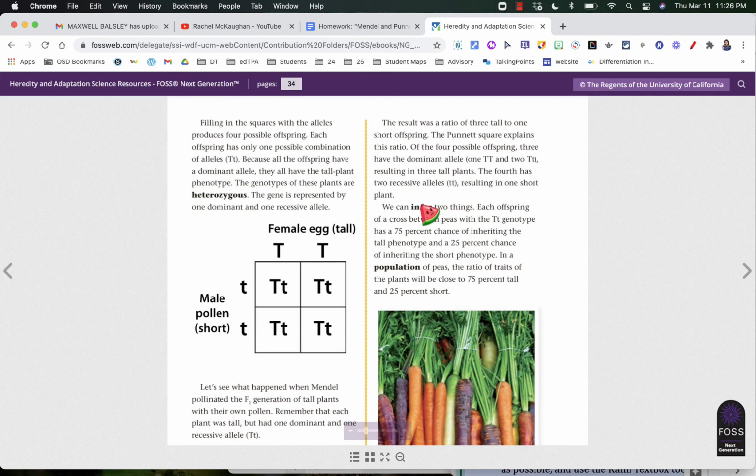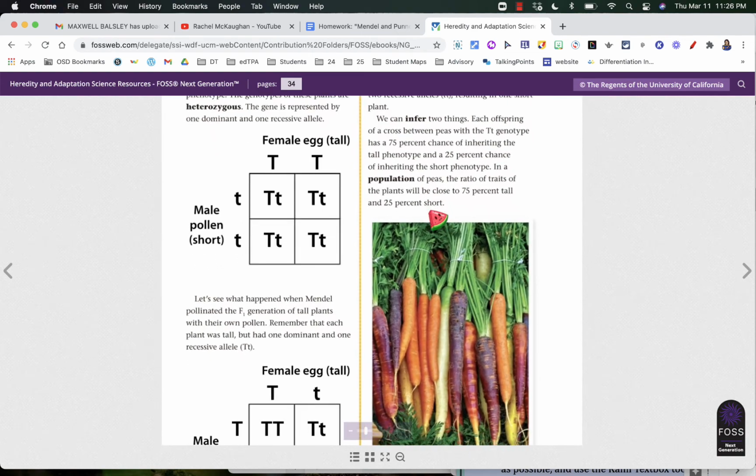The Punnett square explains this ratio. Of the 4 possible offspring, 3 have the dominant allele: 1 homozygous dominant, big T, and 2 heterozygous, big T, little t, resulting in 3 tall plants. The 4th has 2 recessive alleles, little t, resulting in 1 short plant. We can infer 2 things.